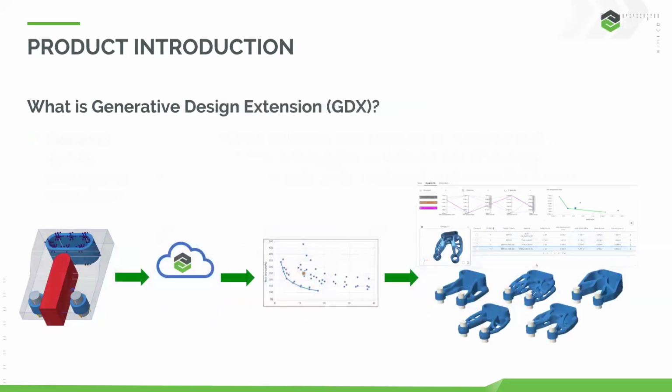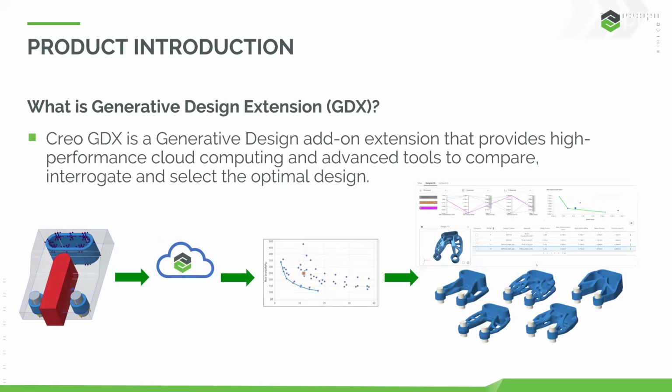We also have GDX. So generative design extension is an add-on. The prerequisite is to have GTO, but the reason to get GDX is you're going to generate a very large number of these design studies. Whereas when I'm using generative design, I'm solving locally.